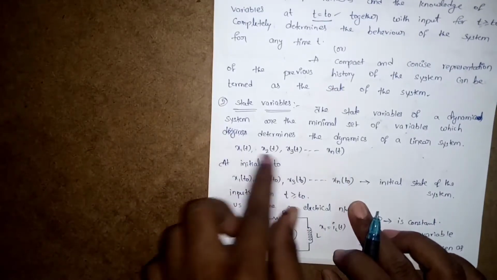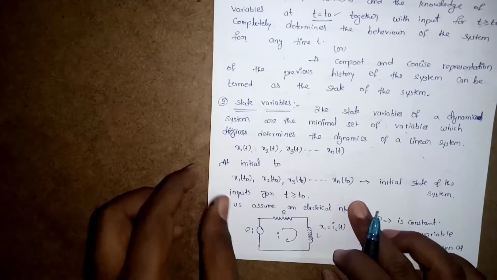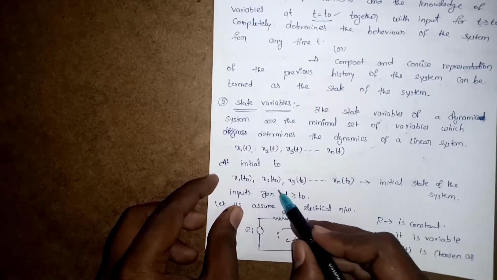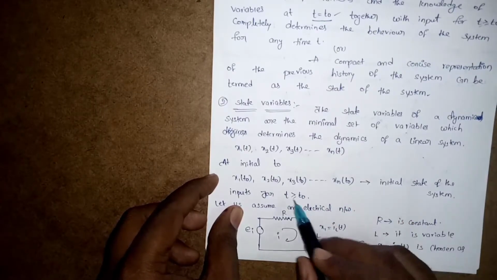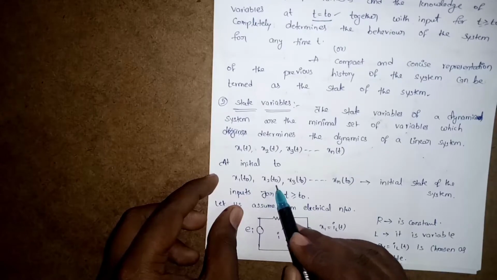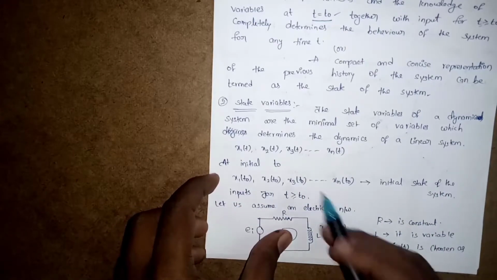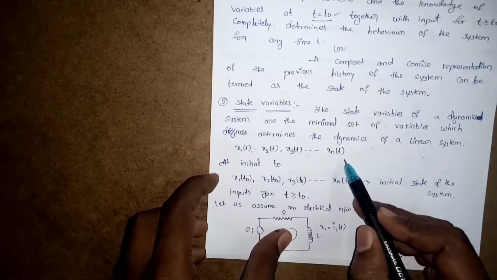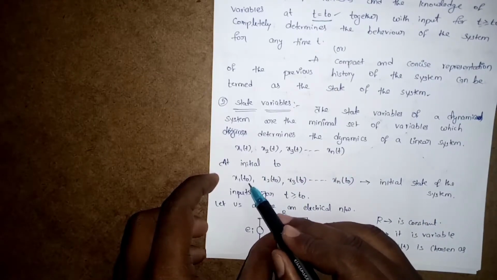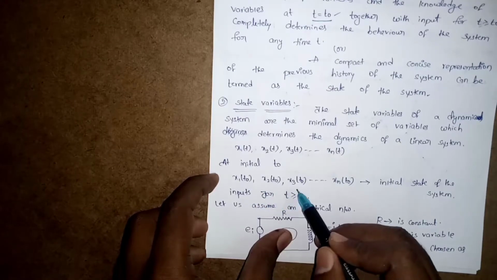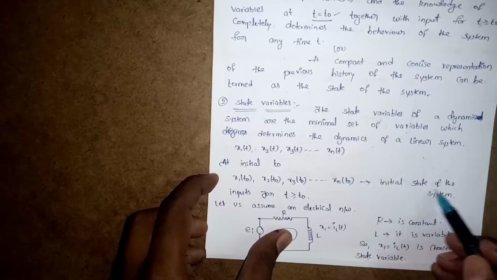At initial t naught, x1 of t naught, x2 of t naught, x3 of t naught and so on up to xn of t naught. Here t naught represents the initial state of the system. You understand? So these are all the state variables, the initial condition.